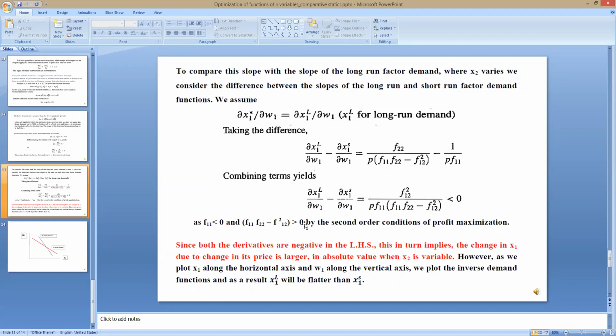Thus, we plot the inverse factor demand curves.